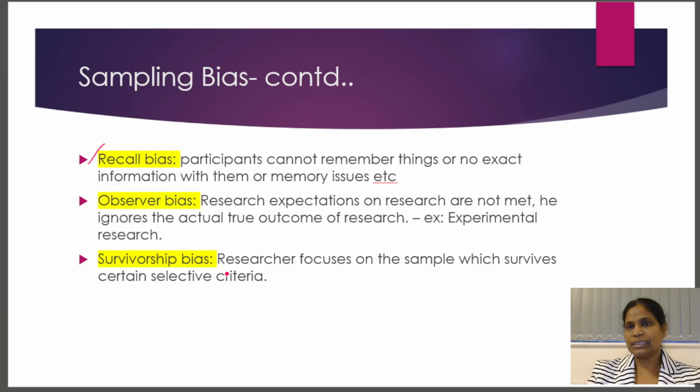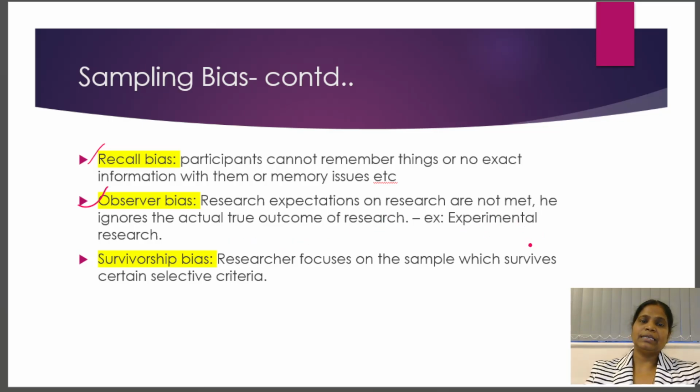His hypothesis is something else, far from the truth of what he sees. So here observer bias comes into place. When the researcher's expectations are not met, he ignores the actual true outcome of the research.